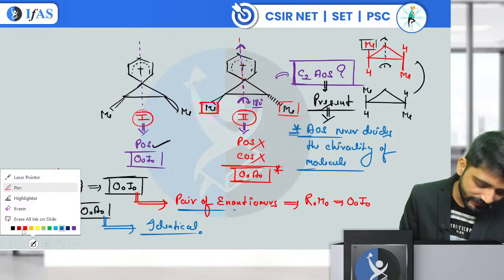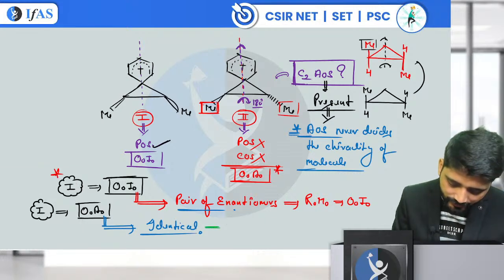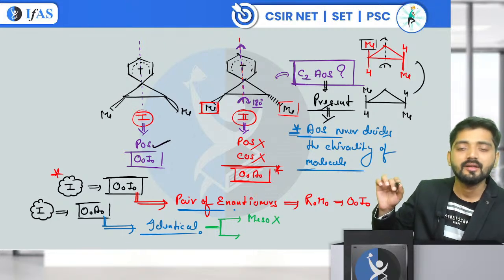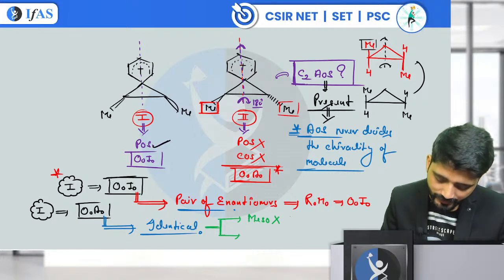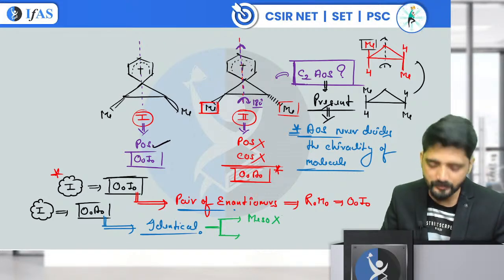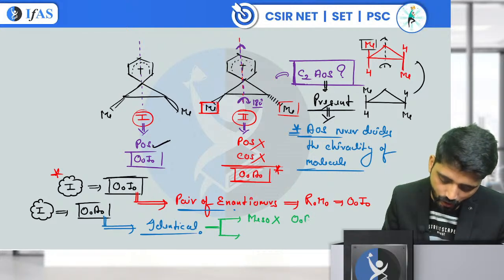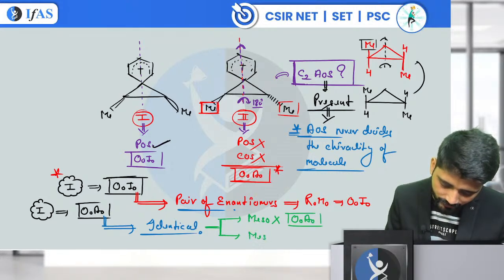And if the products have been formed identical, then please check whether the products you have formed are a meso compound or not. If the products are not a meso compound, then of course your final solution is going to be optically active. And if the product you have formed is a meso compound, then it is going to be optically inactive.